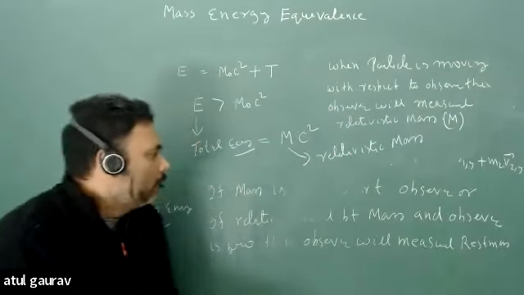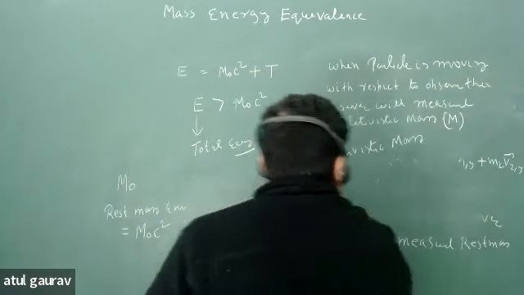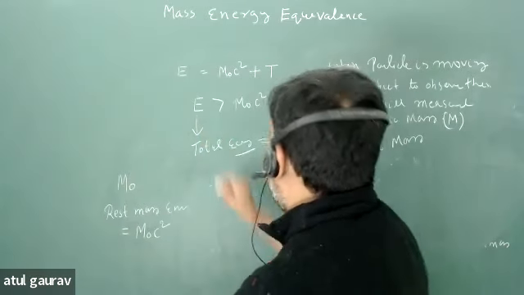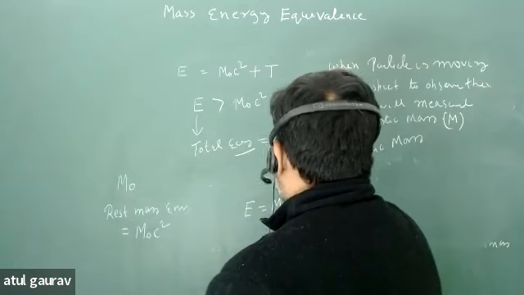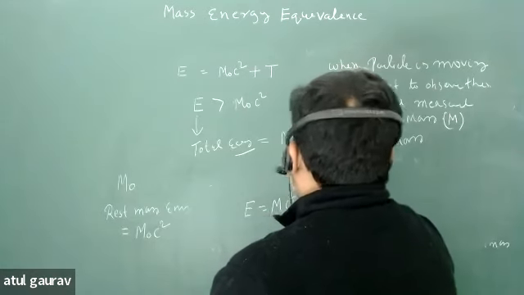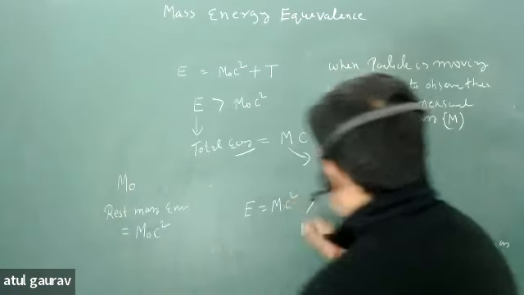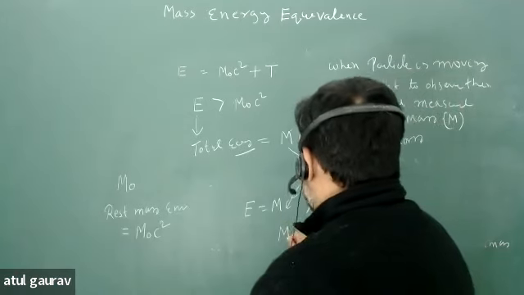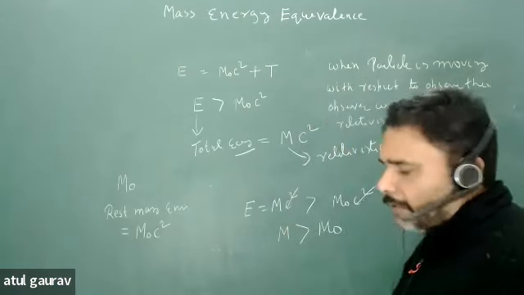Now look how interesting this is. I can write this E as mc square, which is greater than m naught c square, and this c square can be cancelled out. So this m can be greater than m naught, isn't it?